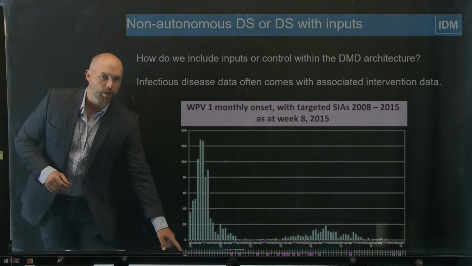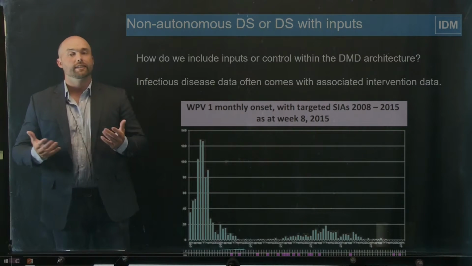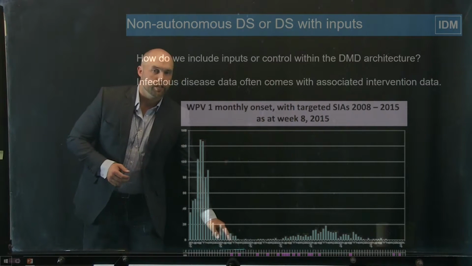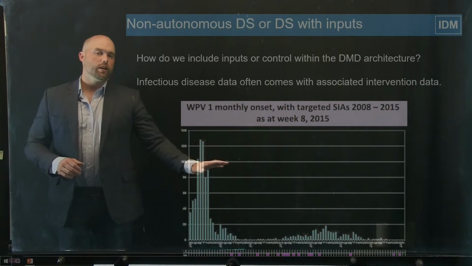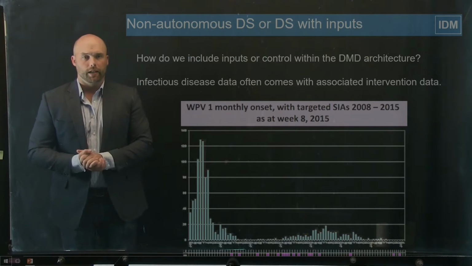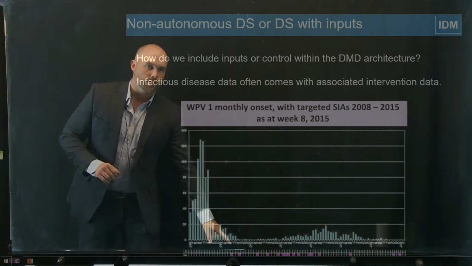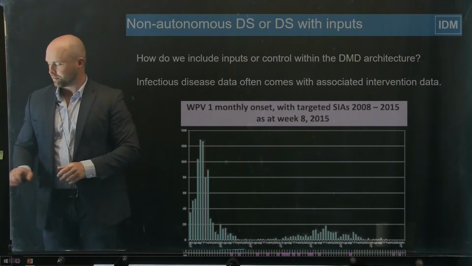But down here, right below this graph where you see these purple marks, is actually vaccination campaigns, which are corresponding times. So each time there's a purple mark, there was a large vaccination campaign. So not only are there natural dynamics happening of how the disease is spreading, in this case through Nigeria, but there's also exogenous forcing to this dynamical system.